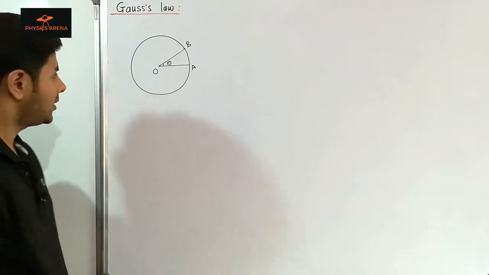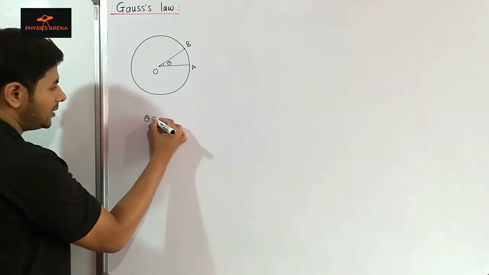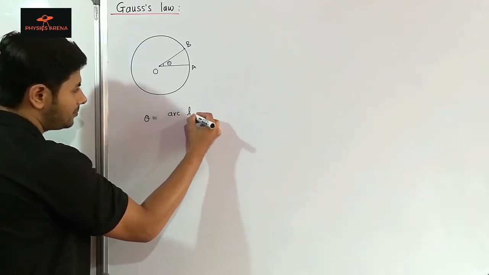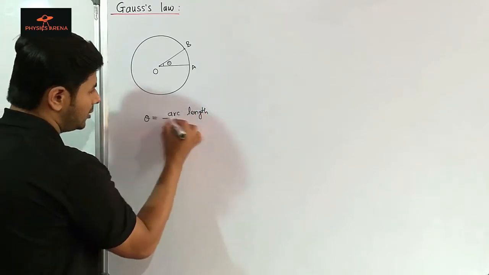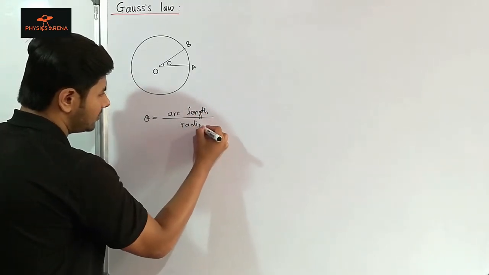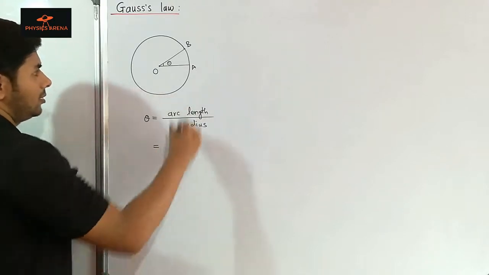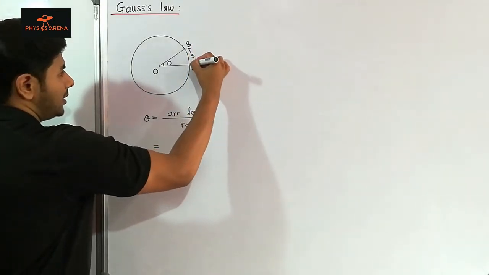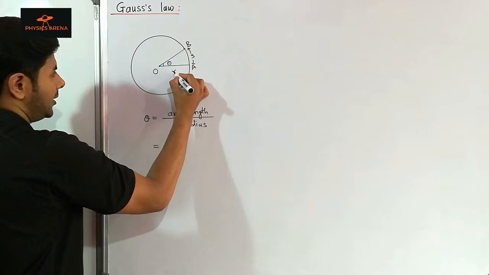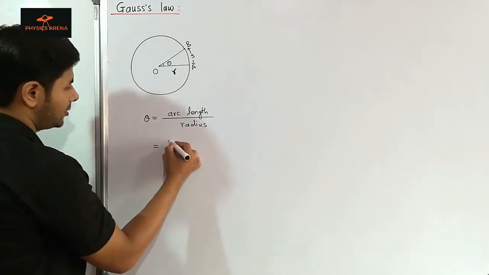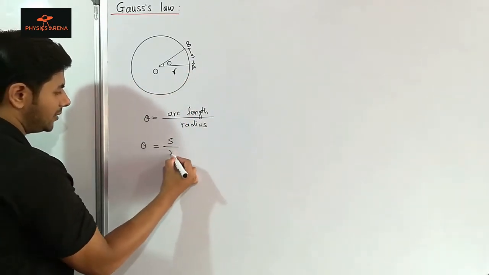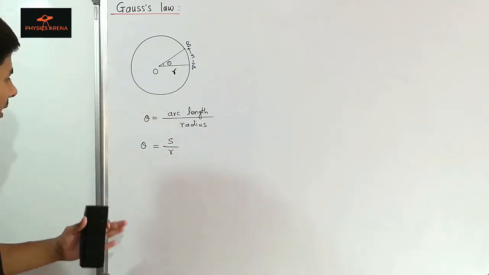How do we measure theta? Theta is equal to arc length divided by radius. Suppose the arc length is S and the radius is R. So theta is equal to S divided by R.